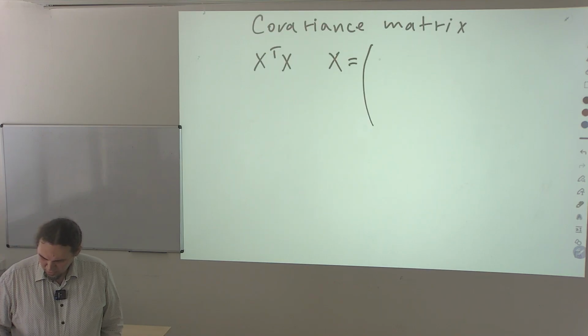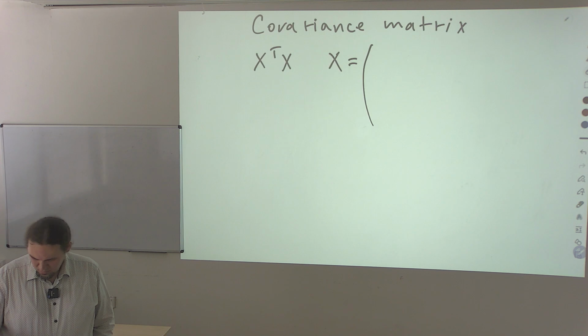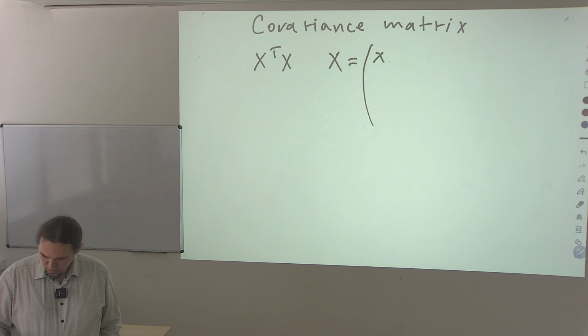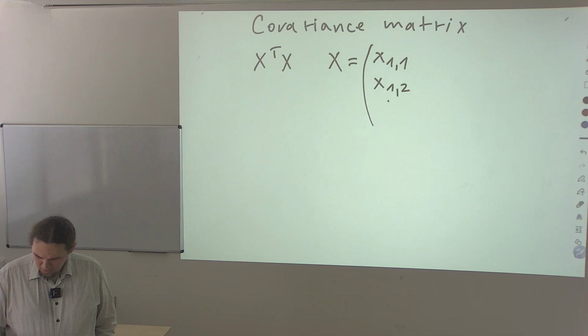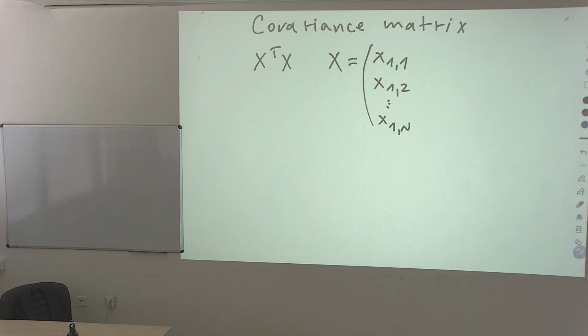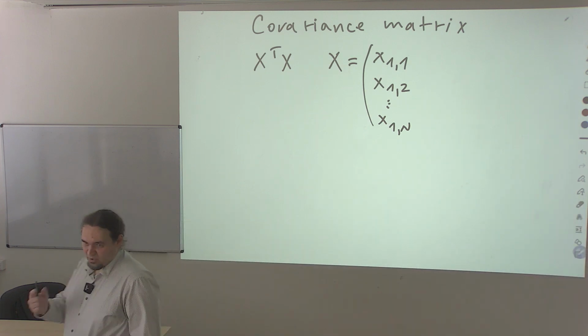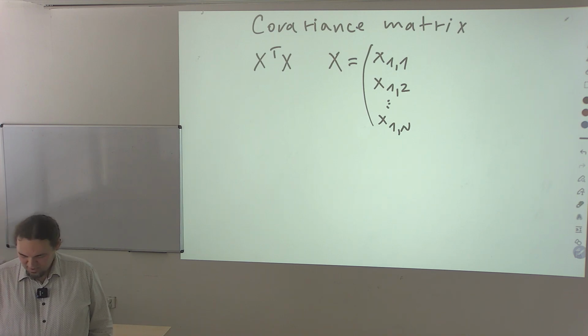We can write it like this. Our first column will hold one variable in its n different experiments.